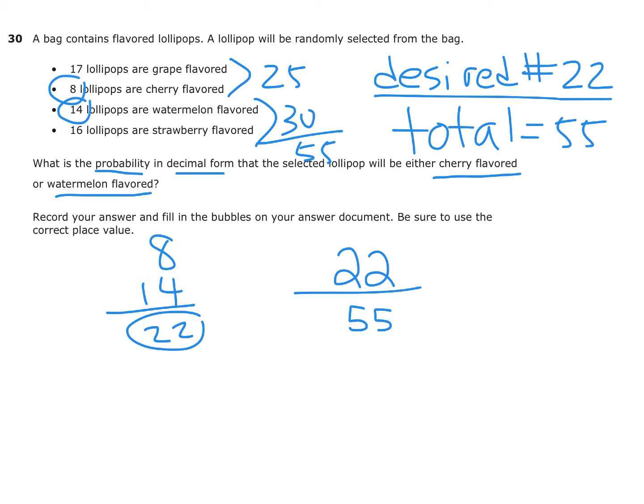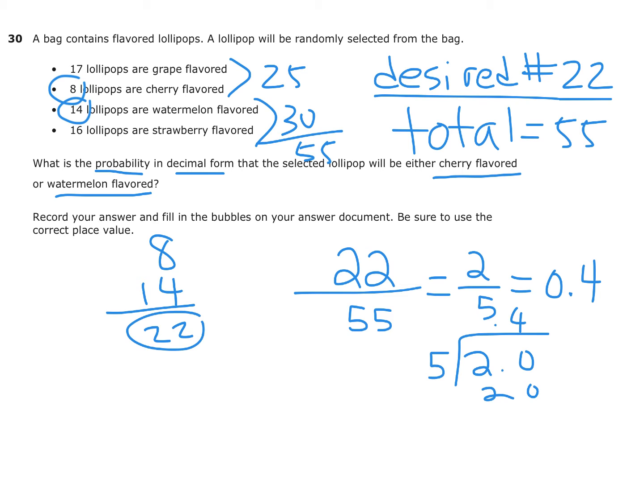Now, can we reduce this to simplify? We can reduce by 11. 11 goes into 22 2 times, and 11 goes into 55 5 times. So 22 over 55 is the same thing as 2/5. And what is 2/5 as a decimal? That's 0.4. If you forgot what 2/5 is, you can take 2.0 and divide it by 5, and you get 0.4.